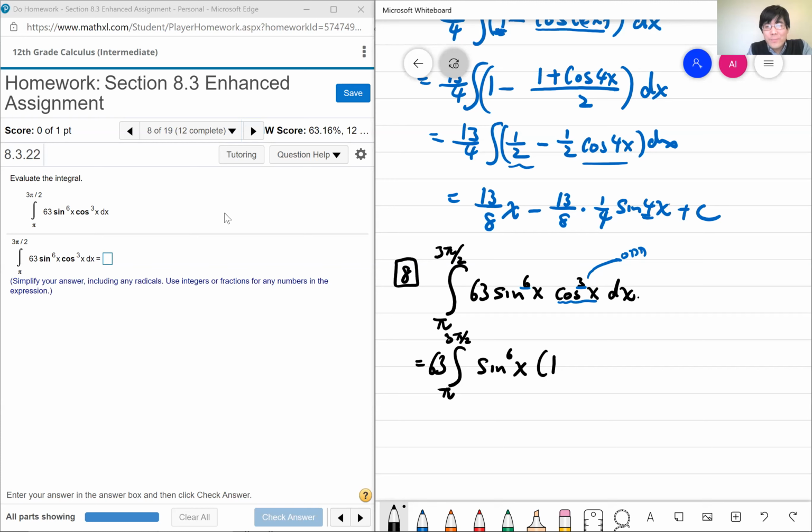This one, cosine square becomes this, and one cosine remains here. Okay, now you have an expression in terms of sine multiplied by the derivative of sine. So let u be equal to sine x, du is equal to cosine x dx.